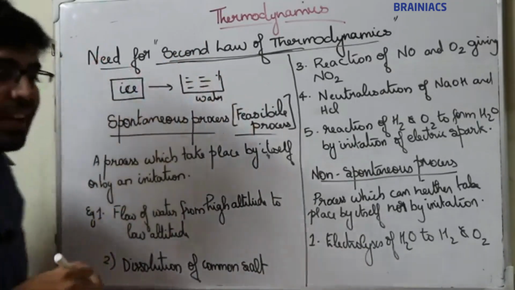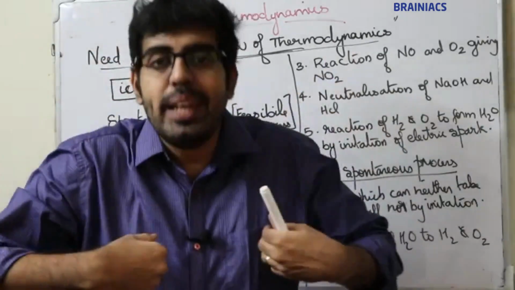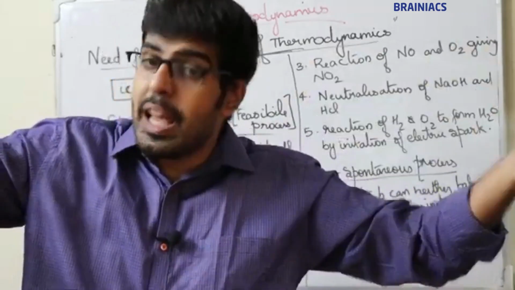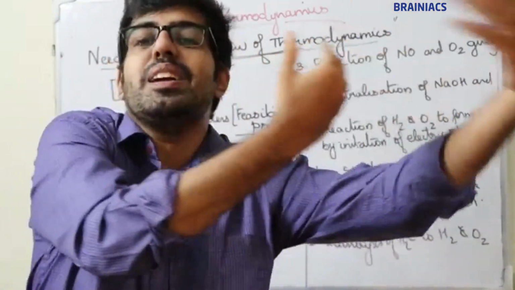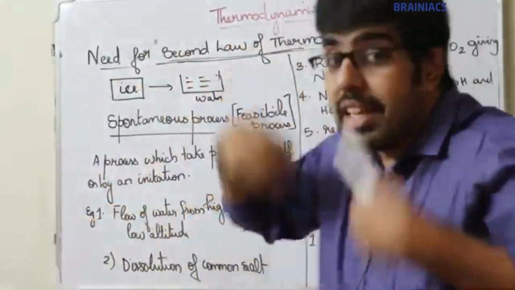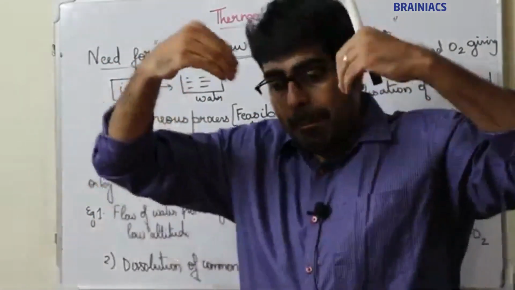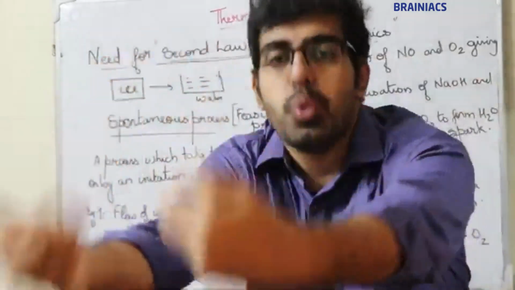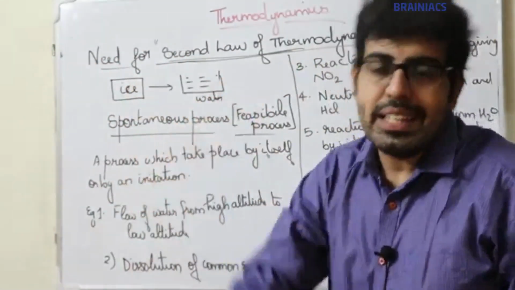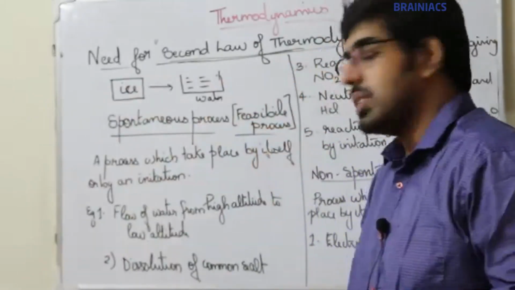Without any external help, ice spontaneously converts to water. So ice by itself melts to water. A process which takes place by itself or by an initiation is known as a spontaneous process.